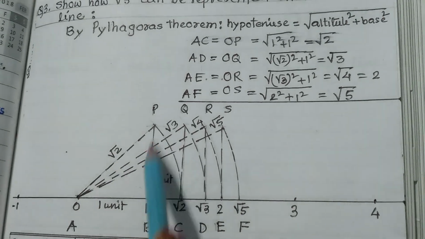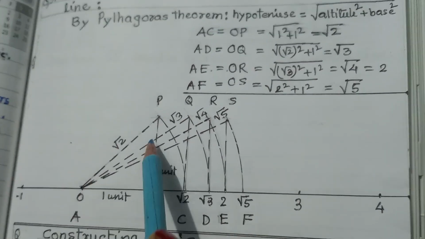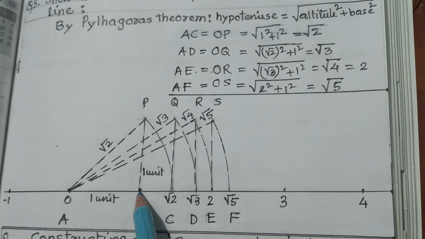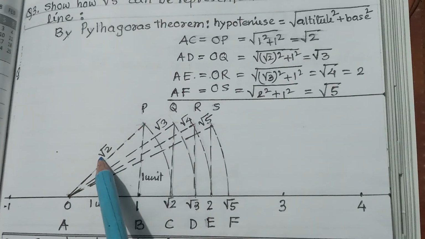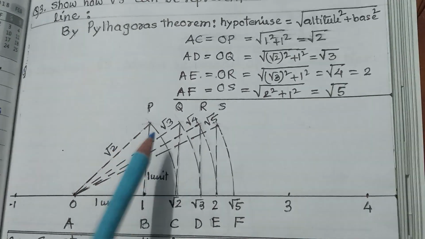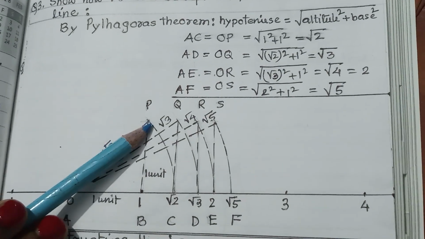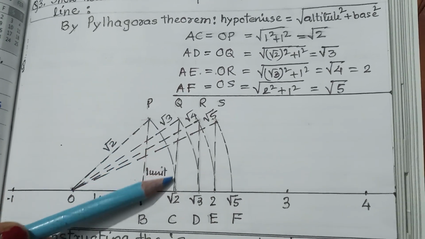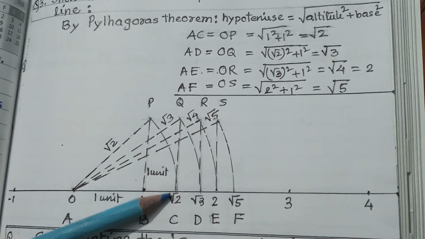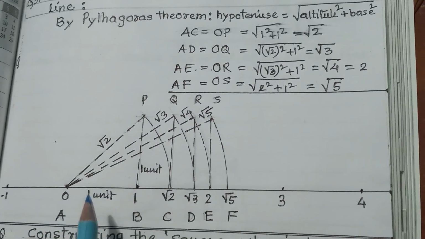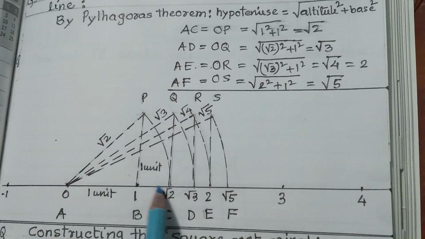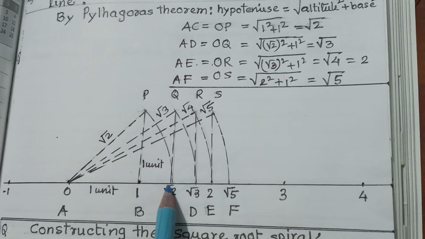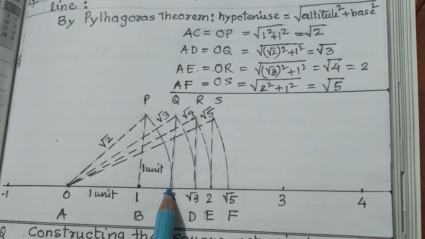Now 1 square plus 1 square, under root, is under root 2. Taking this as radius, if you draw with compass, this point will come here. So OP is equal to OC, and this point is root 2.